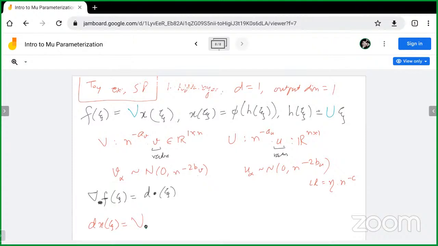So dh zeta: you take your dx zeta and do matrix multiplication. So, yeah, that's the chain rule. And dv zeta.